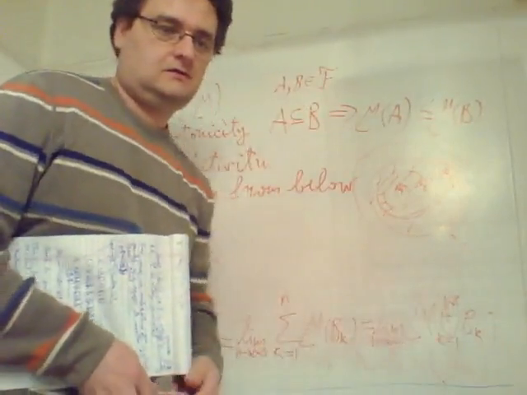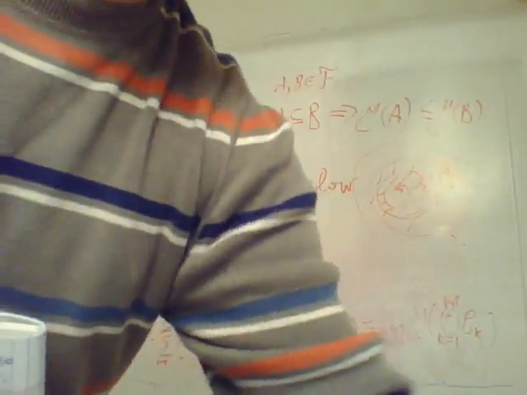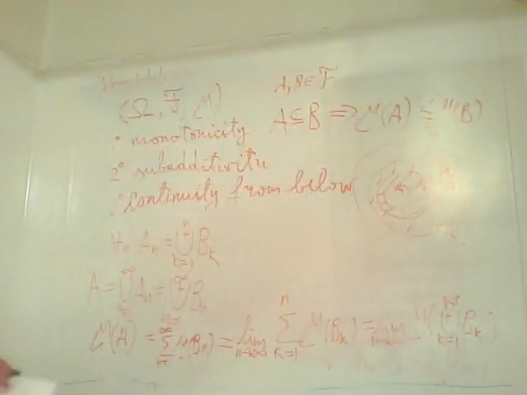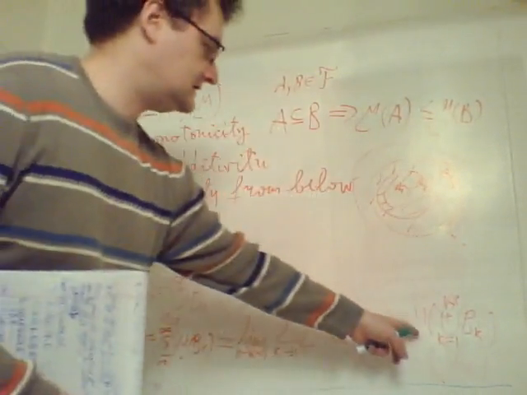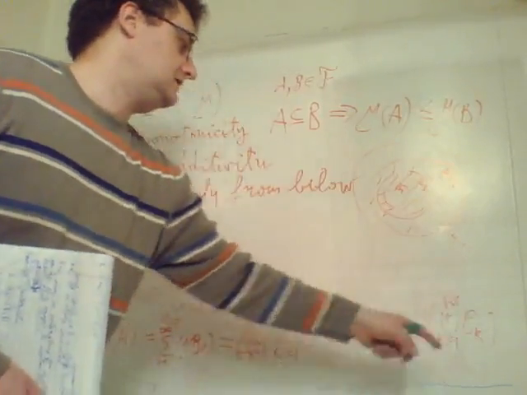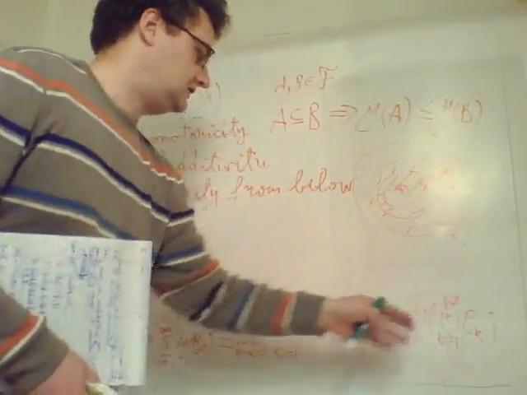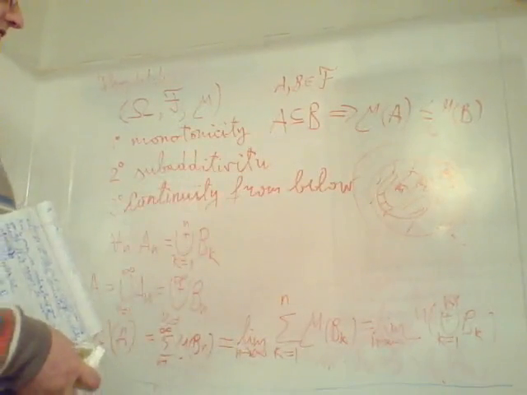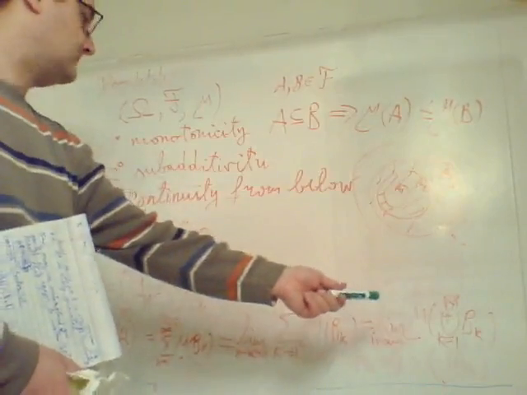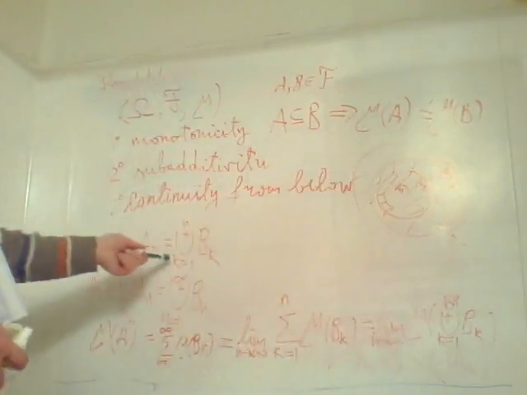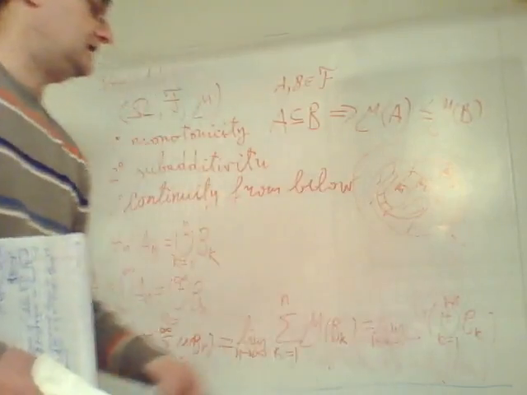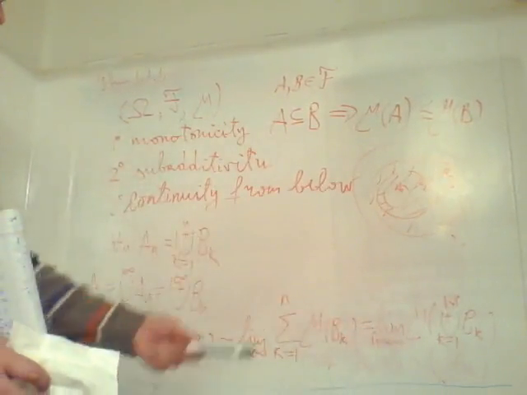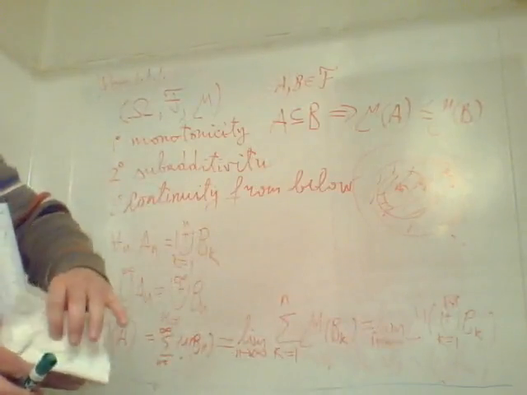Is this visible? Yes, okay. But now I'll have to change marker. So this is just finite additivity of measure mu, which is an immediate consequence of sigma additivity of measure mu. Because of this, this thing is just mu of An. So we are basically done. Now this is the limit, when n goes to infinity, of mu of An. So we are done.